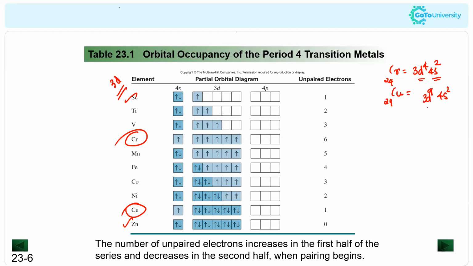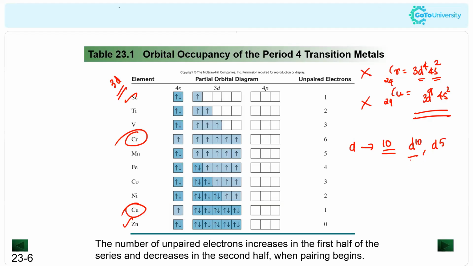So this is the expected electronic configuration for chromium and copper, but this is not true, because the d subshell can accommodate a maximum of 10 electrons, right? And this 10 is called the completely filled configuration, that is d10. Now what is the partially filled d subshell? That is d5.